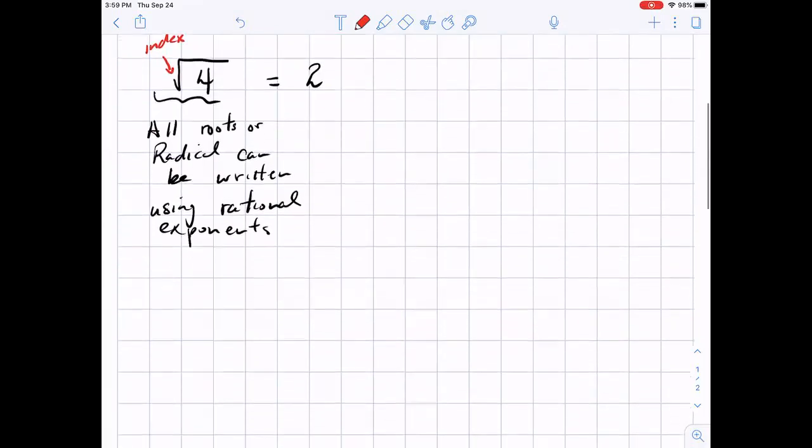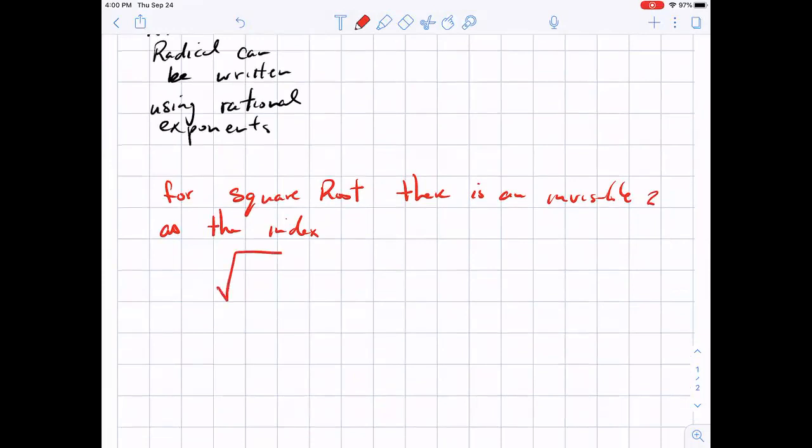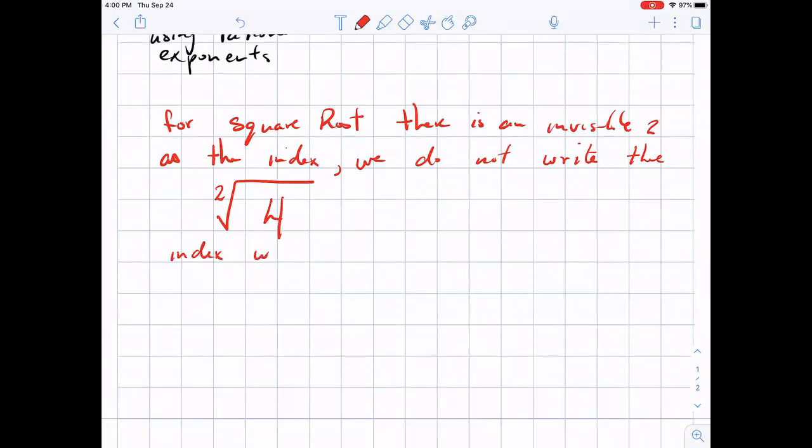So when it's a square root, there is an invisible 2 as the index. So for square root, there is a 2 there, okay? But generally, we do not write the index when it is 2.